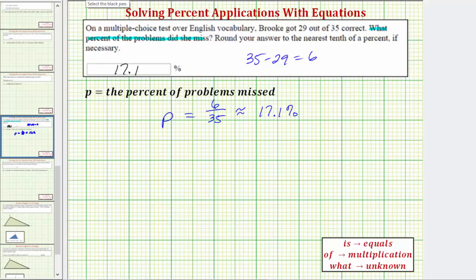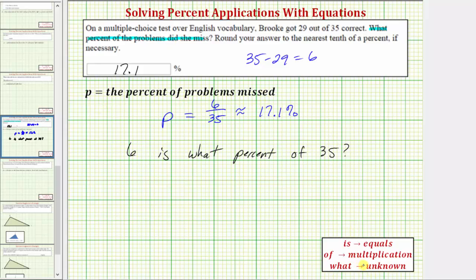Another approach to solve the same problem would be to answer the question, 6 is what percent of 35? To write a typical percent equation, we can use these key words to help us write the equation, where is means equals, of means multiplication, and what represents the unknown, which in this case would be p for the percent of problems missed.